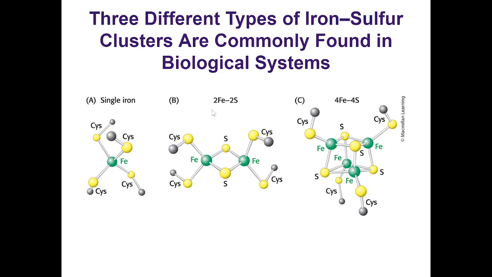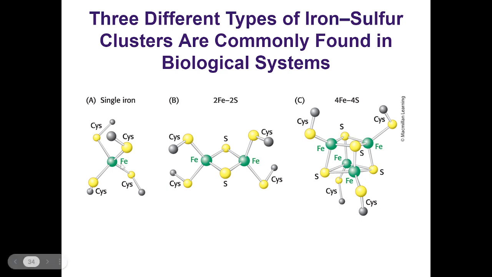Everybody see that? And typically what happens here is that when you add another iron, you then have to form a bridge, and that's those 2. If you add 2 more irons, you have to again put 2 more sulfurs to form those bridges, okay?